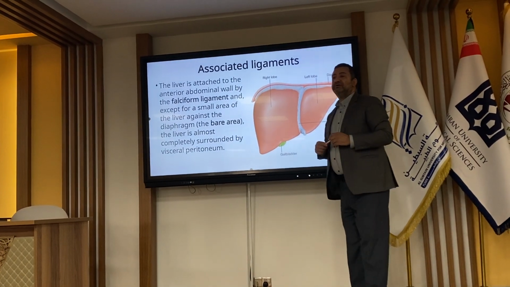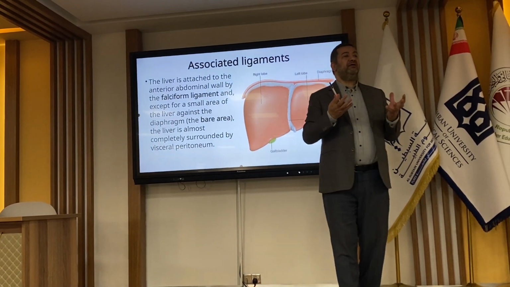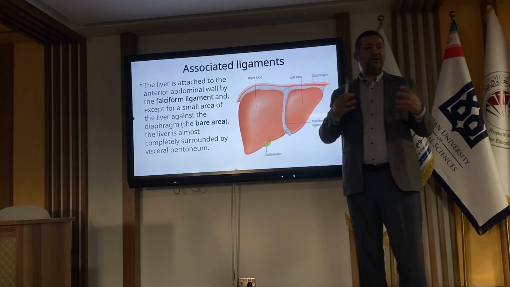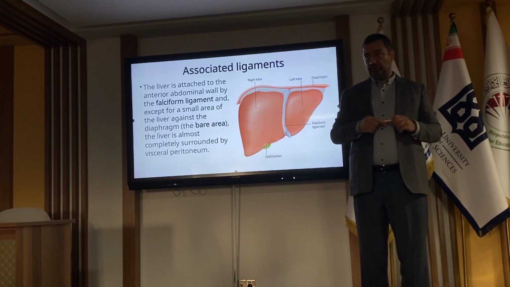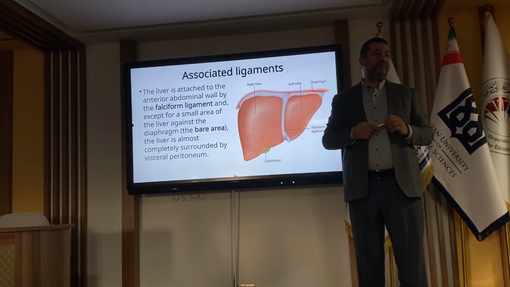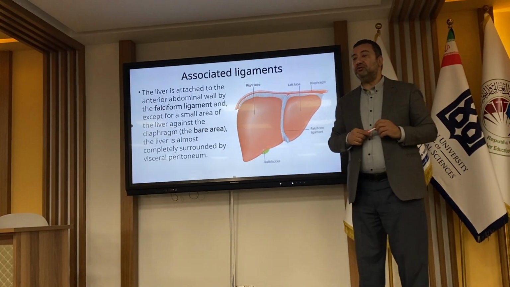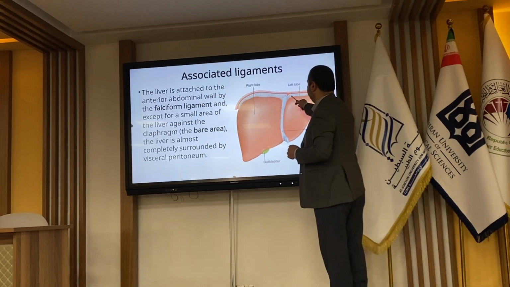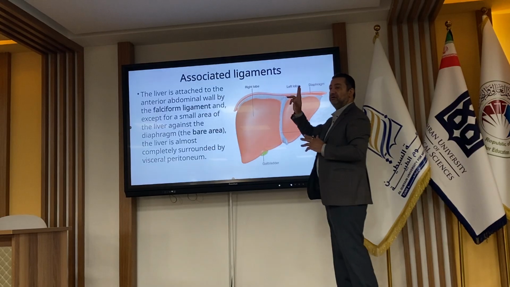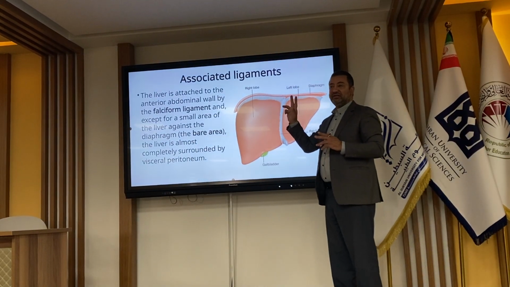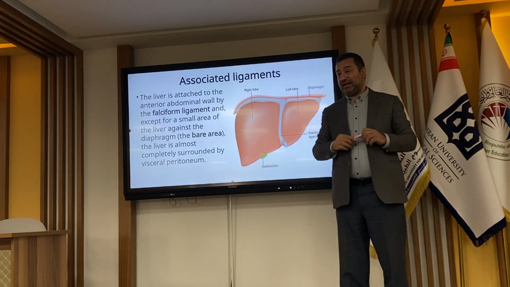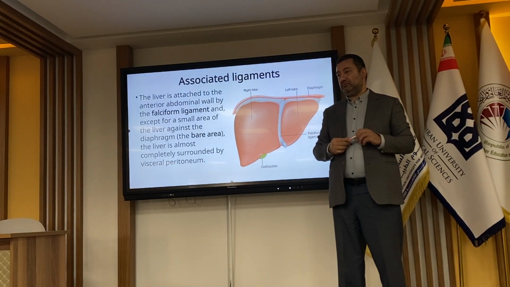I told you liver is covered by the visceral peritoneum. This visceral peritoneum on the anterior surface of the liver and superior surface of the liver has a two-layer fold that attached to the anterior wall of the abdomen.